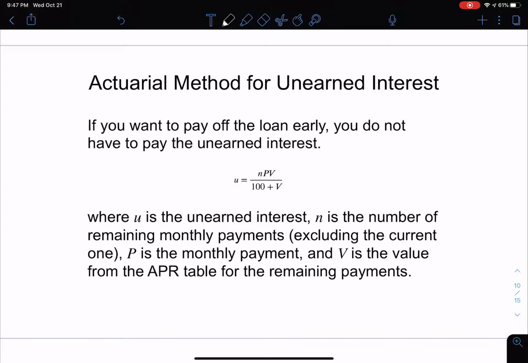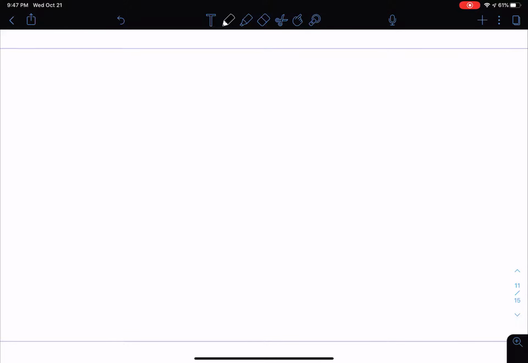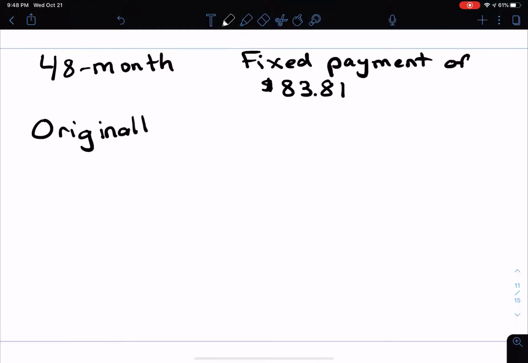All right, so let's look at an example. We're talking fixed monthly payments. So we have a 48-month installment loan. The fixed payment is $83.81. Originally borrowed $3,500.